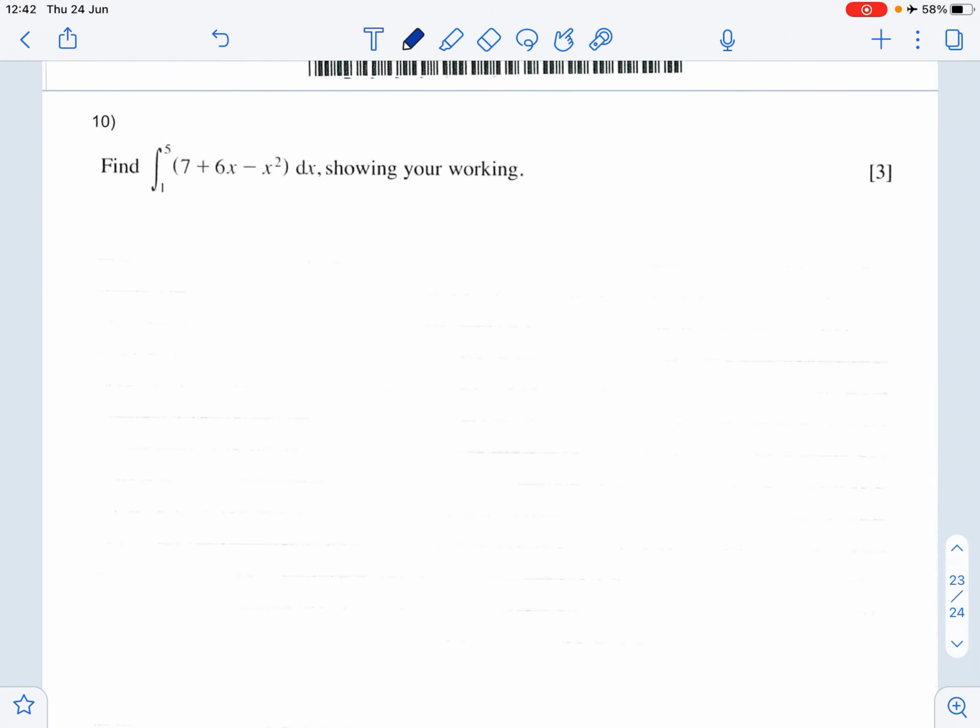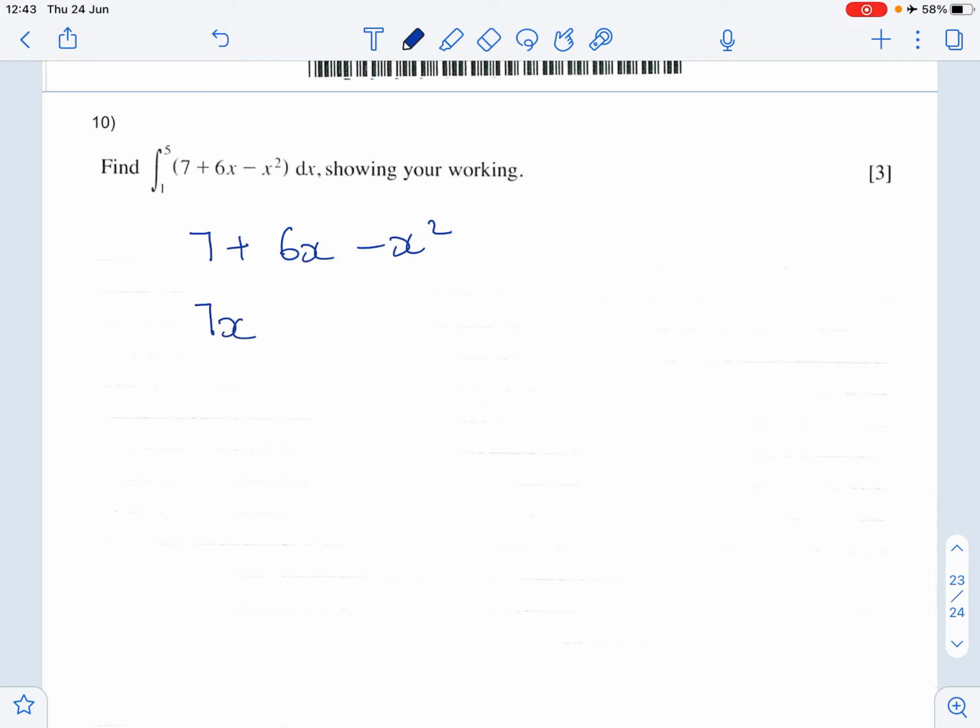Question 10 is just an integration with limits. So when we integrate, we're going to integrate 7 plus 6x minus x squared. So we add the x, which becomes 7x.